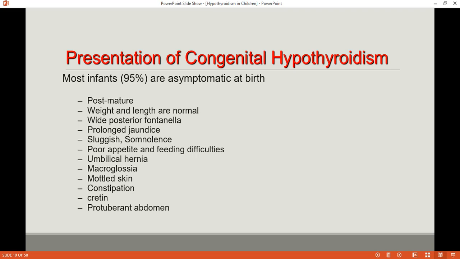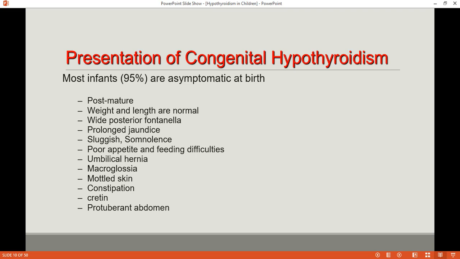Most infants, 95%, are asymptomatic at birth, but they may be post mature, and weight and length are normal at birth. We can find a wide posterior fontanelle. You are aware of the anterior fontanelle, but the posterior fontanelle is wide with delayed closure. We must suspect hypothyroidism.